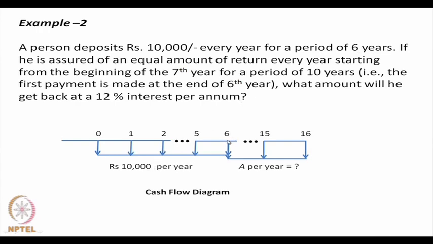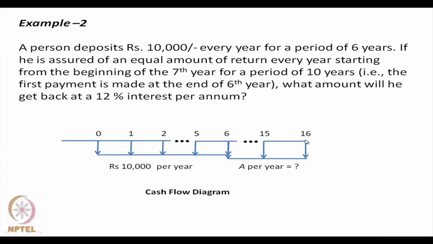So, for 6 years he continues to pay 10,000 rupees, and starting from the beginning of the 7th year he gets an equal amount of return for a period of 10 years. That is, the first payment is made at the end of the 6th year. So, the beginning of the 7th year is the end of the 6th year. This 6 means the end of the 6th year. So, he gets back some money for the next 10 years.